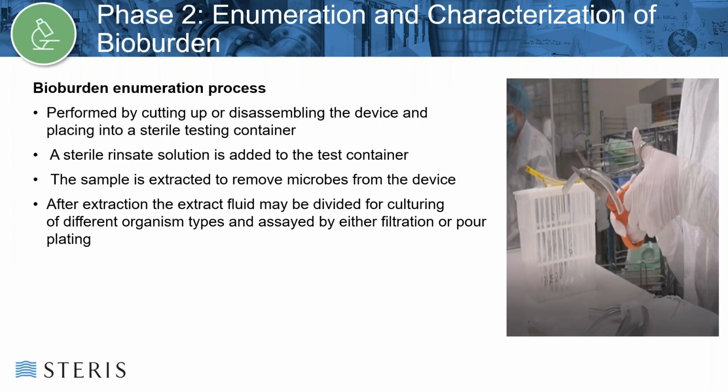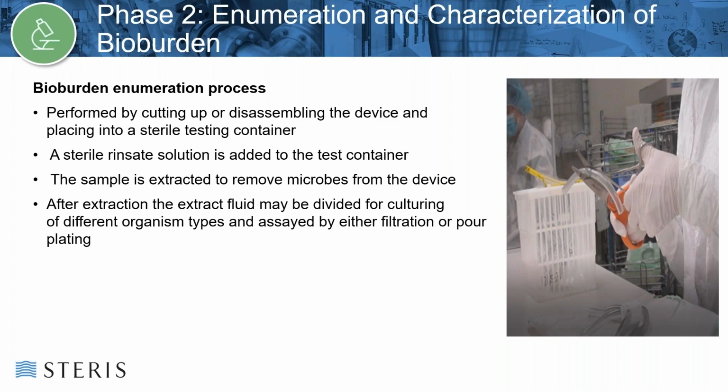Bioburden testing or enumeration process is primarily performed by flushing, cutting up, or disassembling the device to place it into a sterile testing container. When cutting up and disassembling the device, extensive manipulation may be necessary to allow for placement of the sample into the test container. It is worth noting, the more manipulation, the greater the possibility of contamination during testing.